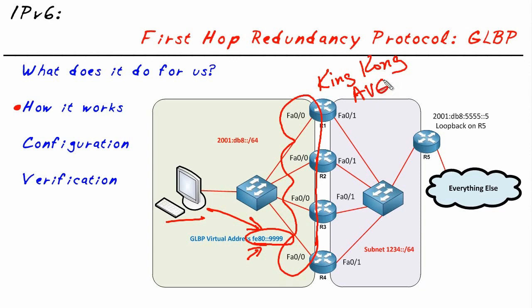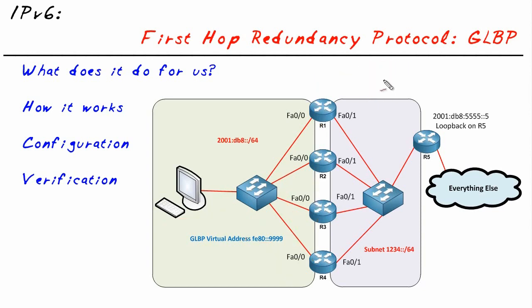And here's what happens. In IPv6, when a client wants to know the layer 2 address of its default gateway, because at layer 2 we still have to forward frames and we still need to know the layer 2 address to send them to, the client is going to send out a neighbor solicitation. And that neighbor solicitation is going to be sent to something called a solicited node multicast group that he believes would have been joined by the router owning that IP address.